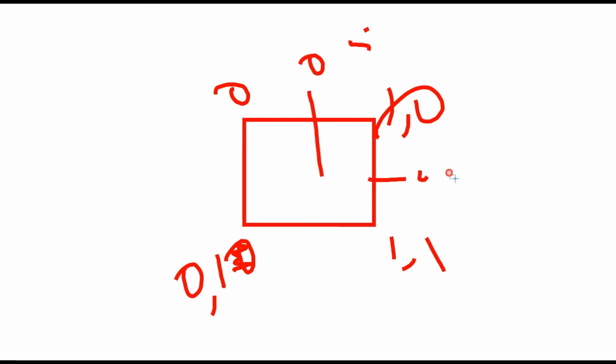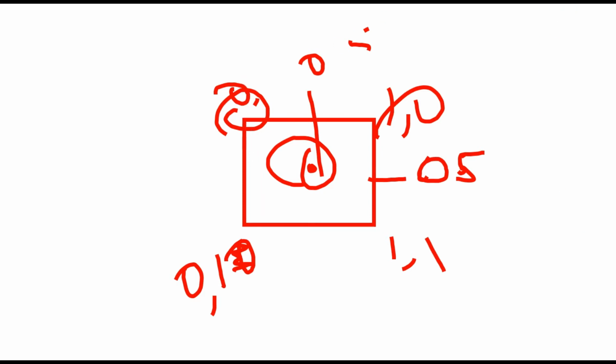So this is 1 comma 1, this is 0 comma 1, and this is 1 comma 0. So the center point is 0.5, and here this is 0.5. Pardon my writing. So 0.5 comma 0.5 is your center point. 0 comma 0 is your left topmost point.